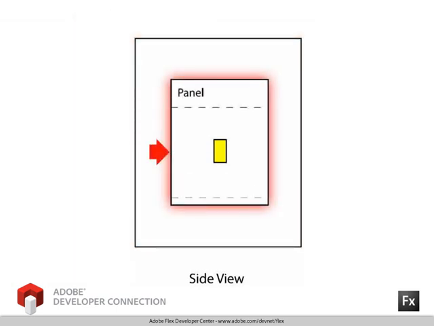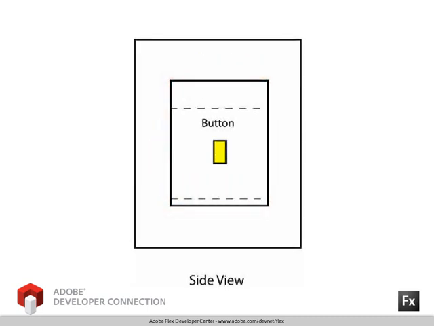When the capturing phase reaches the panel container, the current target object is the panel container itself, since it is the object being examined. The target object is still the button control, since it is the object that dispatched the event. During the targeting phase, the button is examined for event listeners, and it is also the event dispatcher, so it is both the target and the current target object.